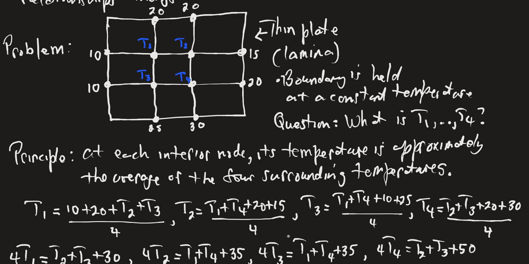And we used this principle, and it seems like a fair principle when you think about it, right? The value in the middle is just going to be an average of the surrounding temperatures. It doesn't seem so far-fetched, and it's a very, very useful principle.